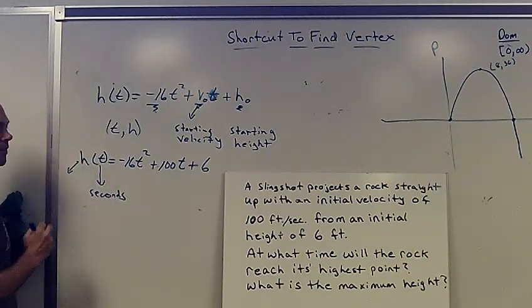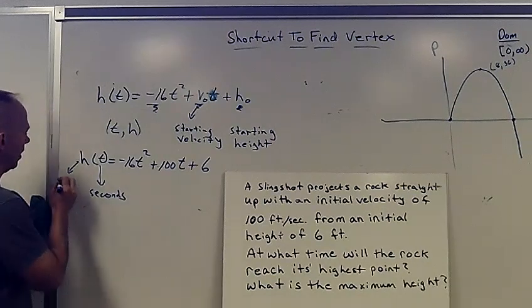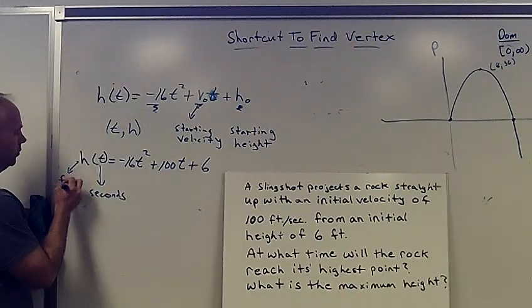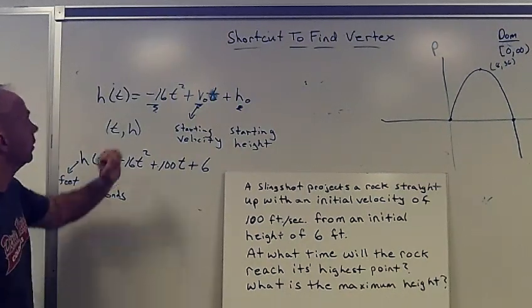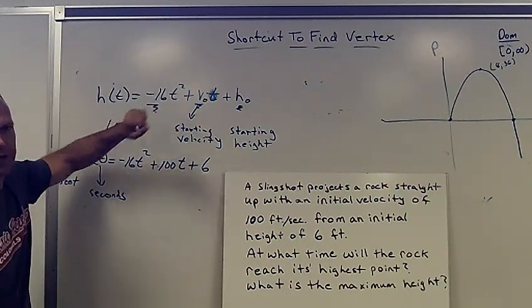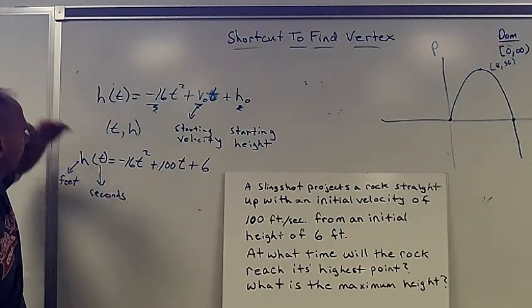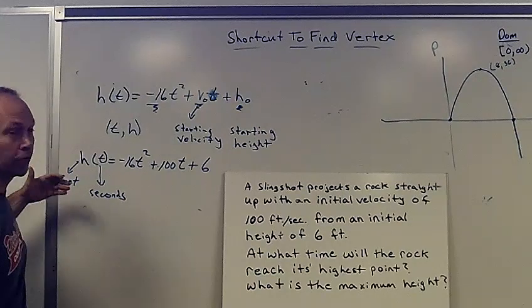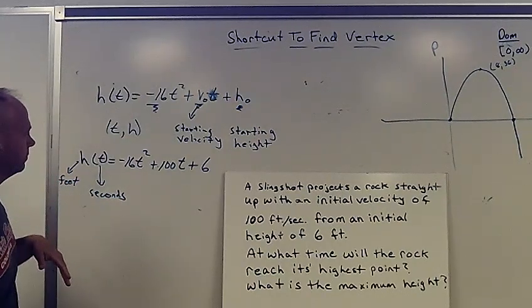And height, although we could use different units of measure, we will quite often be using feet. And those of you going on to physics, which is a lot of you, you're going to be looking at this function, and that is quite common, although you will use meters, but quite often you'll use feet and seconds.